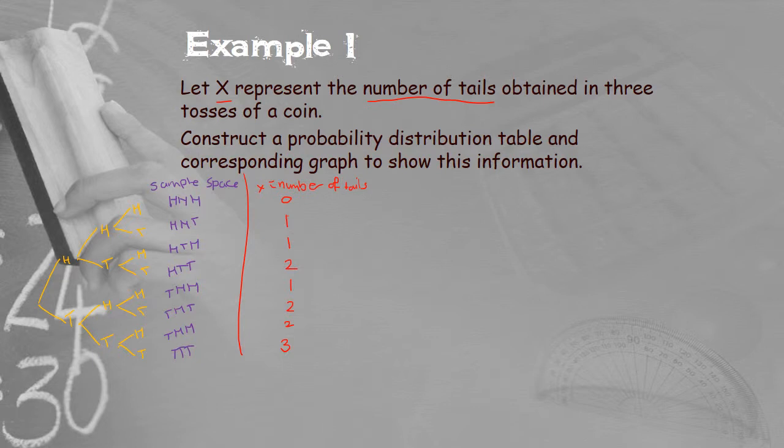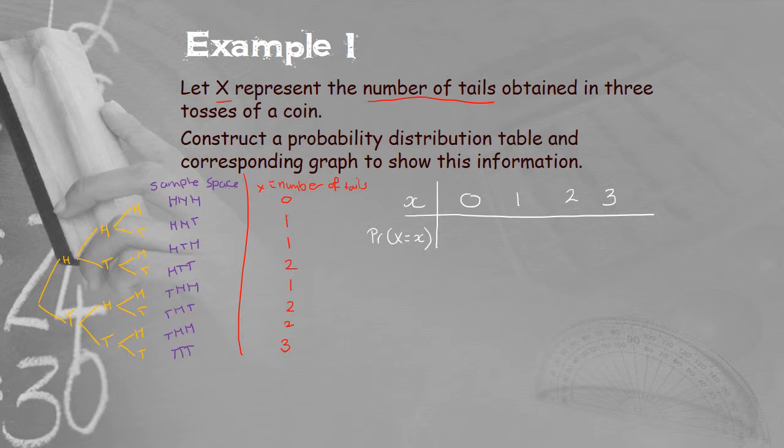So we then go ahead and construct our probability distribution table. Little x represents our different options, and we can have either 0, 1, 2, or 3 tails. Here we write the probability that capital X, which is our number of tails, equals lowercase x, which are the options 0, 1, 2, 3. So to start with, we ask the probability that x, which is our number of tails, equals 0.